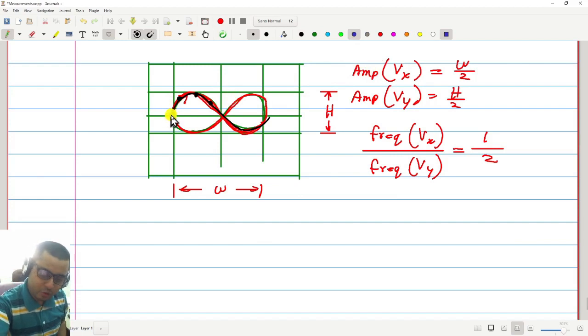But now if I say no, let me use a different color, blue. Suppose at t equal to 0 the beam is here, at t equal to 1 the beam is not here but say here, and at t equal to 2 the beam is here. Then how is the waveform? At t equal to 0 it is here, and at t equal to 1 it is here.